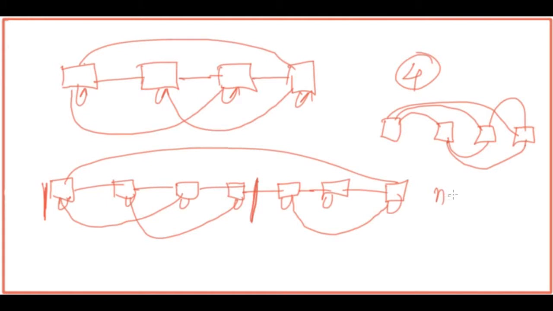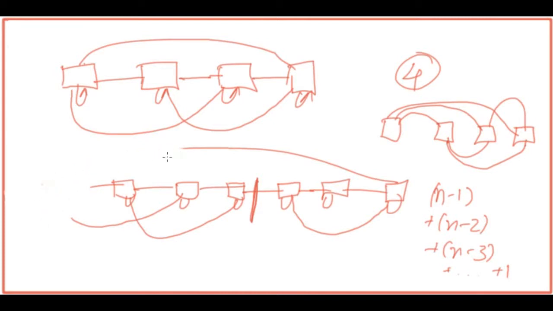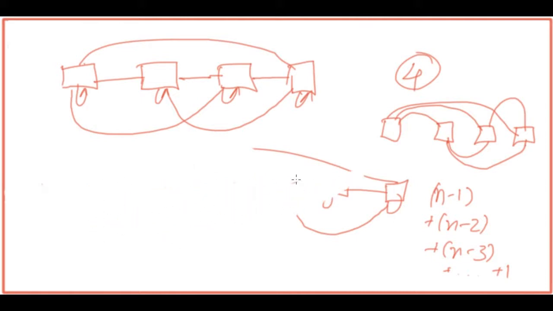That is n minus 1 plus n minus 2 plus n minus 3 dot dot dot till 1, right? So basically if you see this, that is nothing but the sum of first n minus 1 numbers, right?